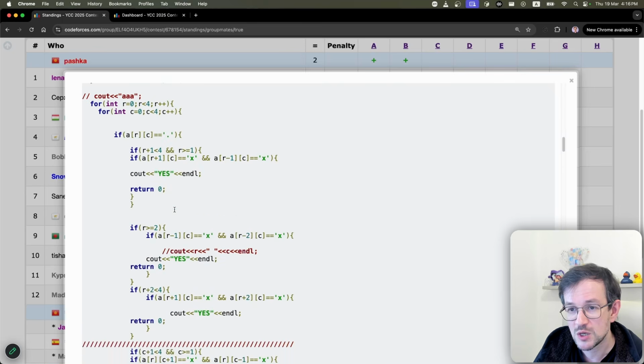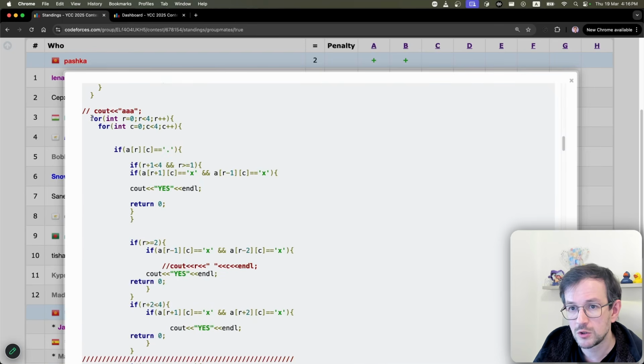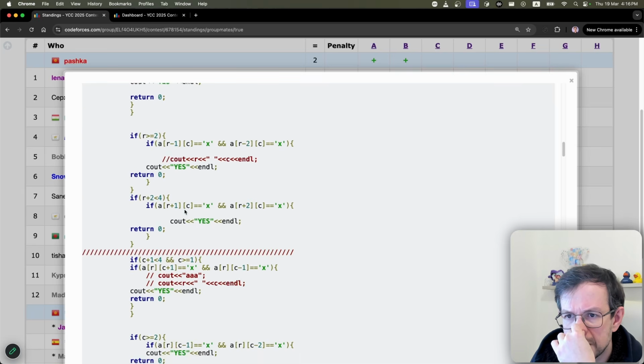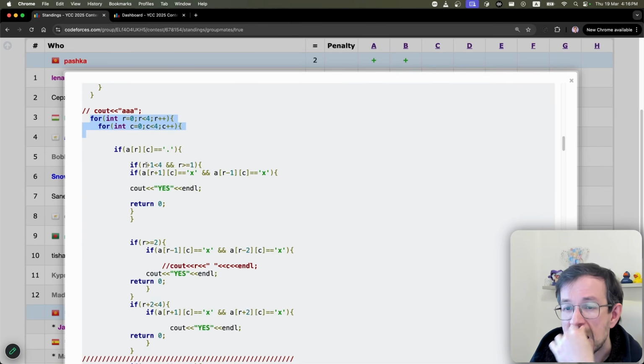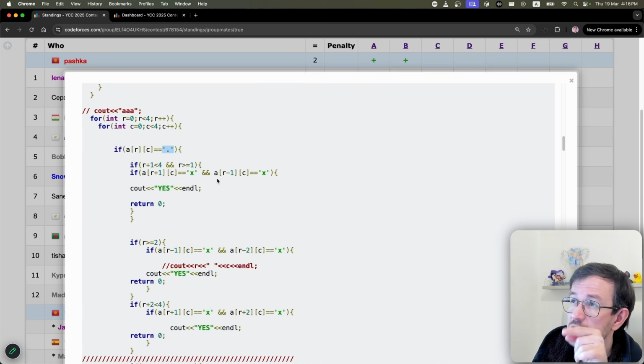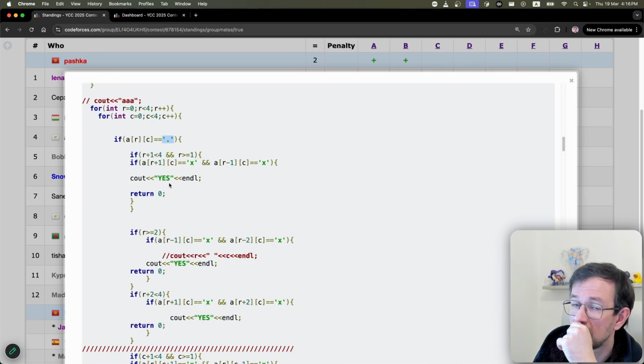You just do it for every direction. You have 4 directions. You find an empty space and you check if you put here, then in every direction there are 3 possible ways how you can build. So you have 12 combinations here.